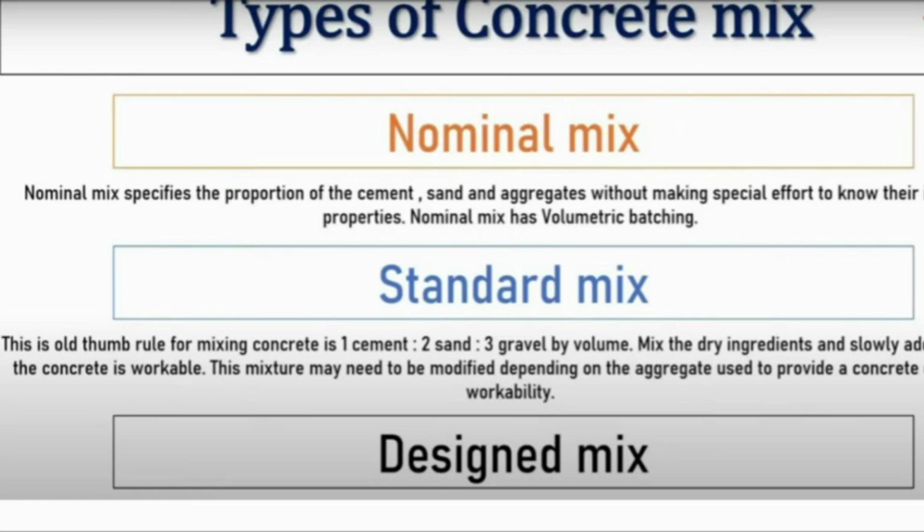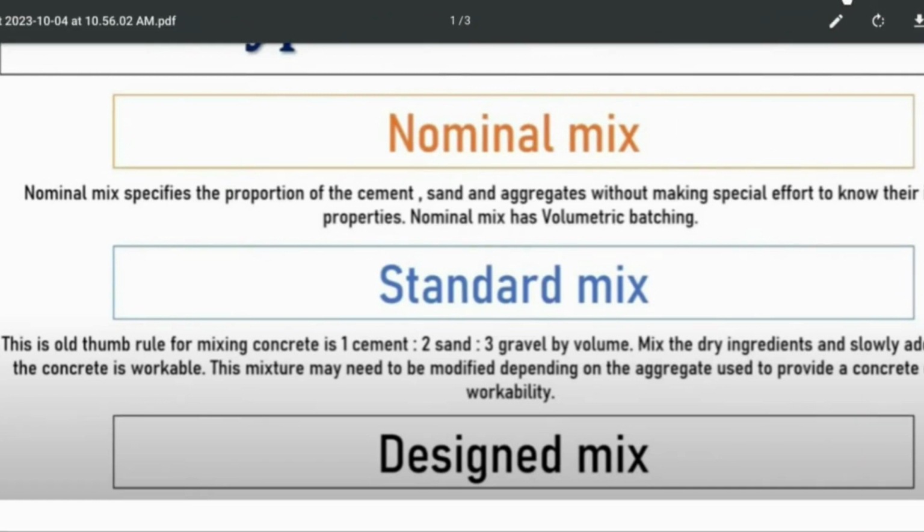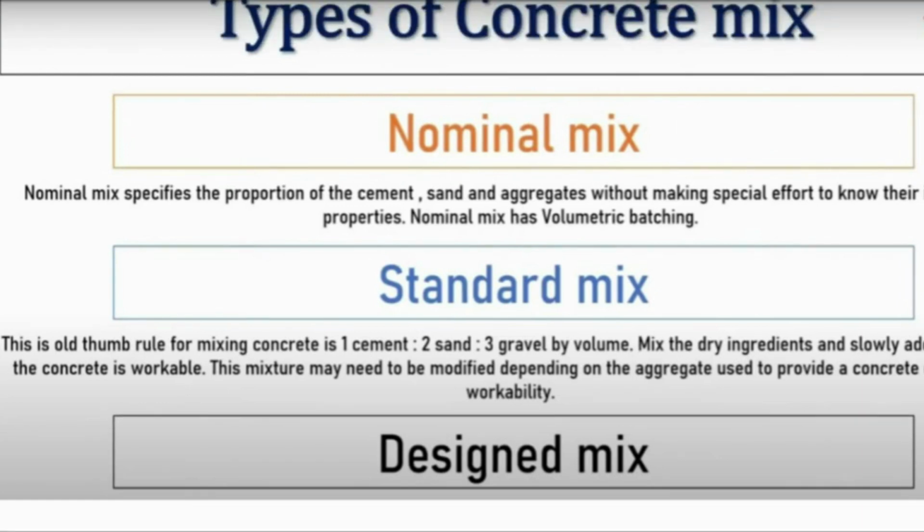But in both nominal and standard mix, the properties of cement, sand, aggregates and their lab tests are not performed before preparing a mix of required strength, that is M10, M15, M20. Normally for the standard mixes, the parts of cement is always kept as one part by volume.